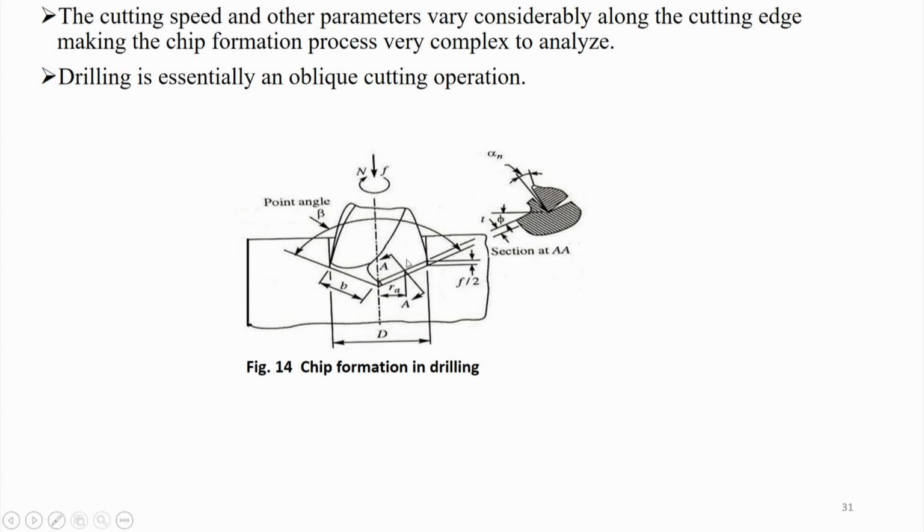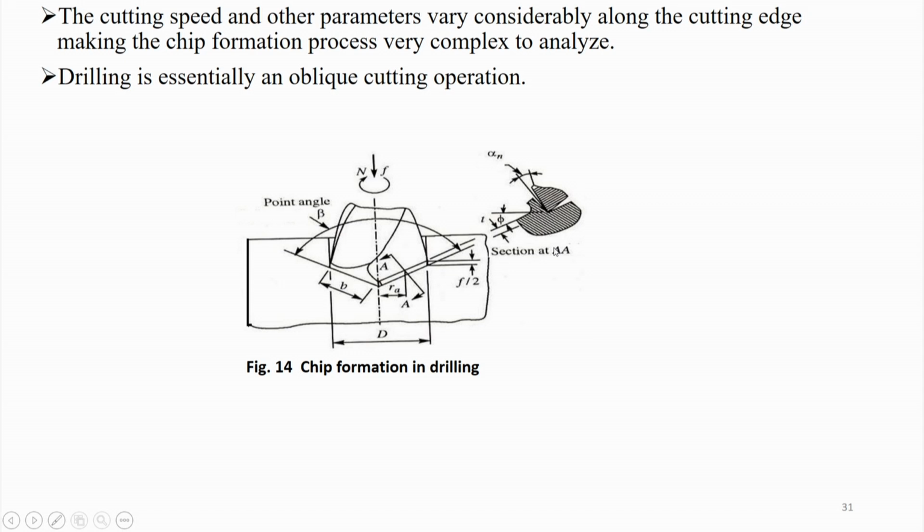It is essentially oblique cutting, and you are seeing in this figure that n is there and f is there. This is the point angle, two lips are cutting like that, and this is the helix angle psi, and then this is alpha n.